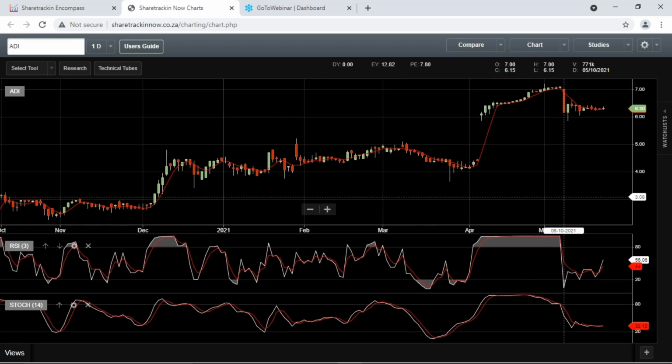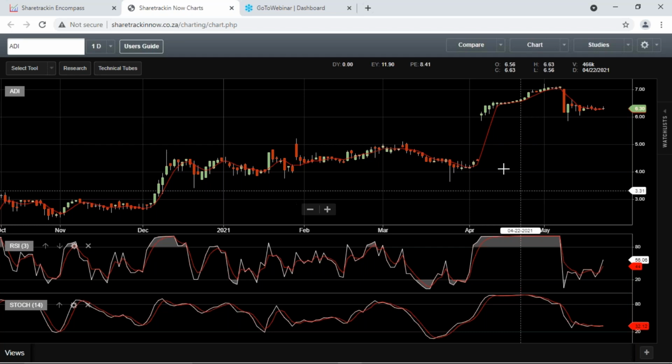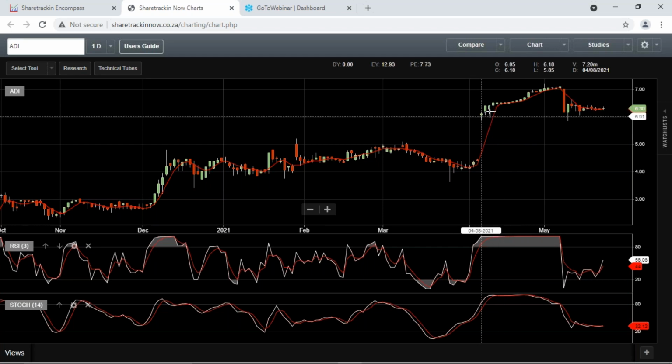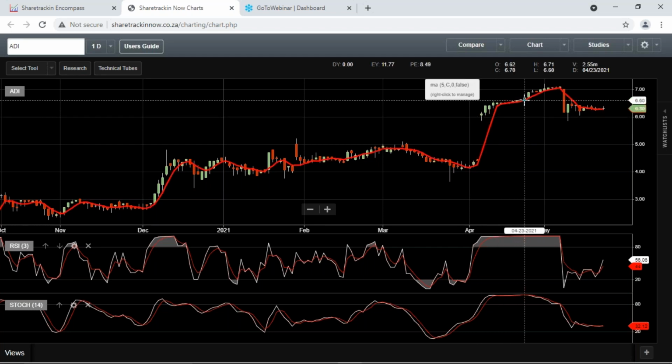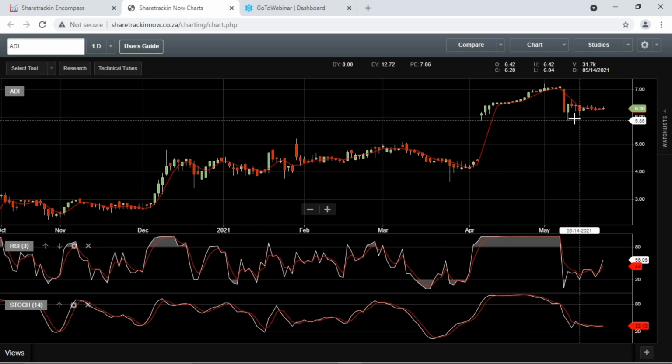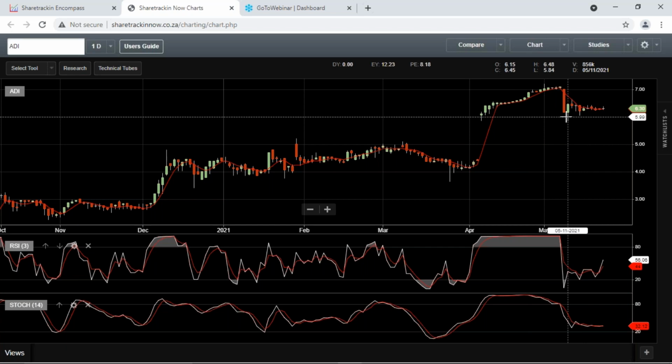As you can see, this share is fairly constant in its movement, but what bothers me a bit is it moves very slow. So for a CFD trade, this wouldn't be a great share to look at. And if I look here, ever since the 11th of May, the share has been stable.